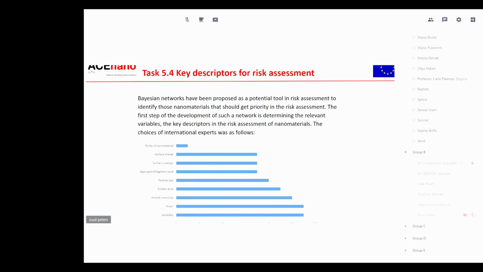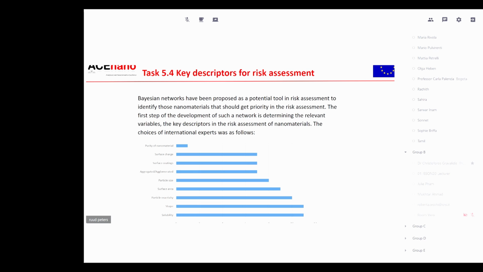And so this risk assessment of nanomaterials faces difficulties as it requires extensive data sets on physicochemical parameters, hazard identification, and exposure assessment, and therefore some prioritization is needed. You have to decide which are the important ones to do first. Well, to do that, Bayesian networks have been proposed as a potential tool in risk assessment to identify those nanomaterials that should get priority in the risk assessment.